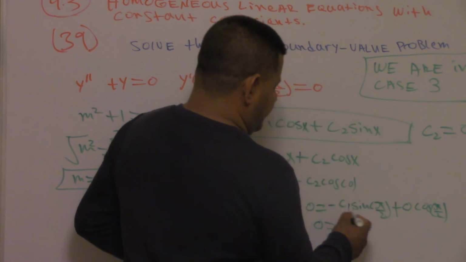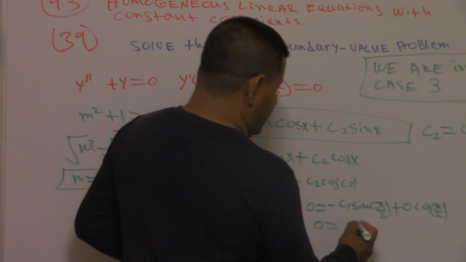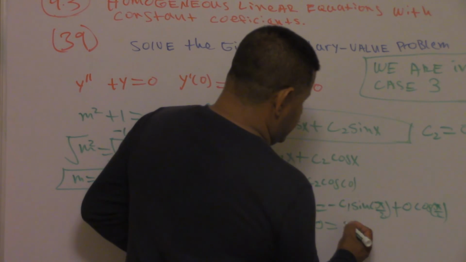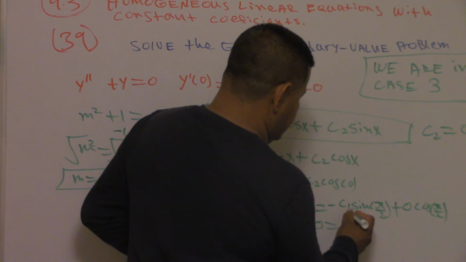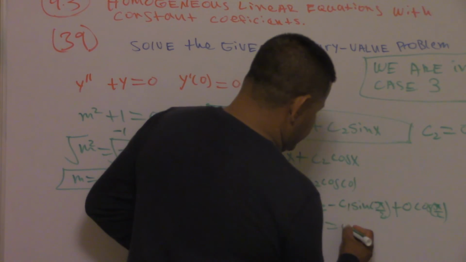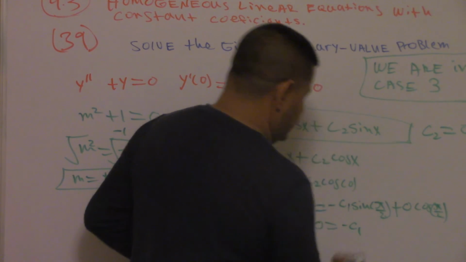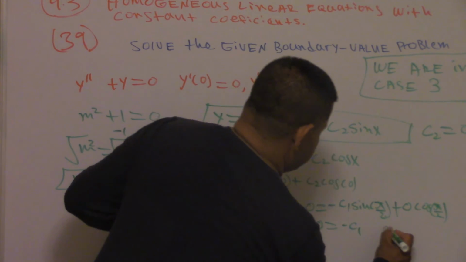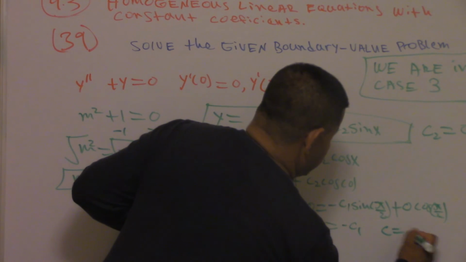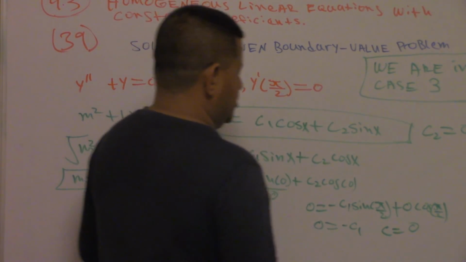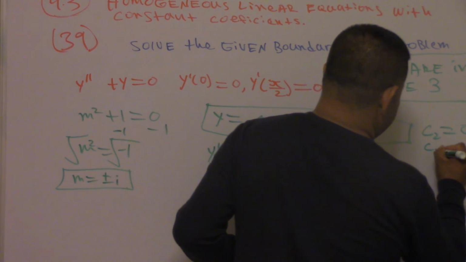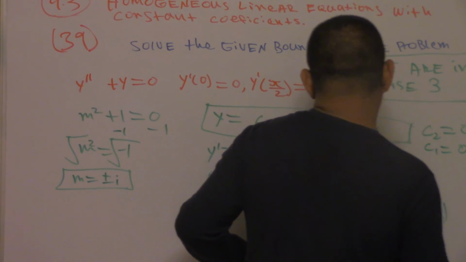Well, in this case it will be negative c1, since 1 multiplied by negative is negative c1, right? Negative c1, but it's still 0. So c1 is equal to 0.